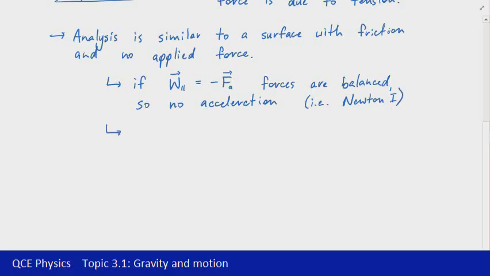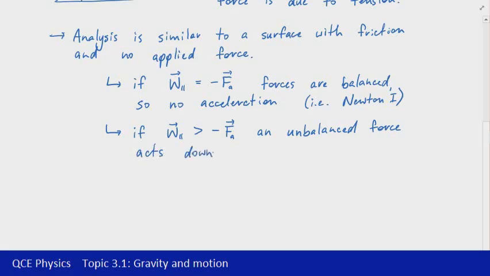Second scenario, again similar to what we saw with the surface with friction. If that component of the weight that's parallel to the plane is greater and in the opposite direction to the applied force, then we're going to see an unbalanced force acting. And that unbalanced force acts down the plane in this case.